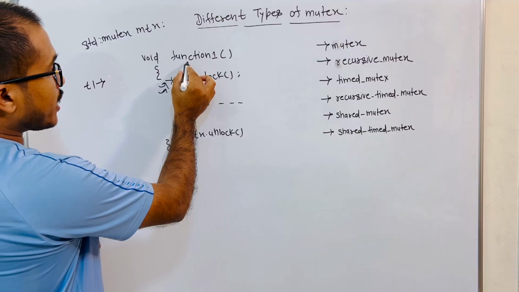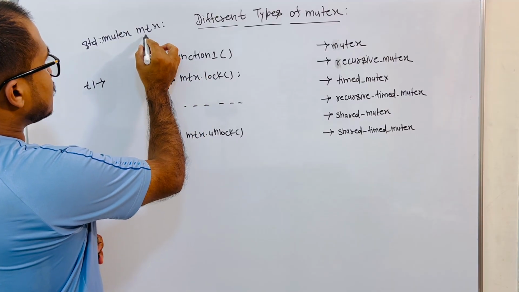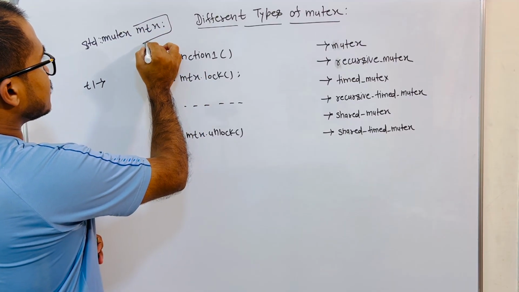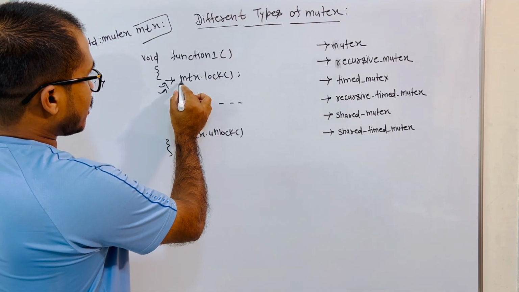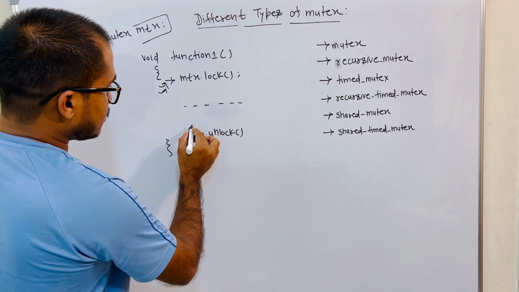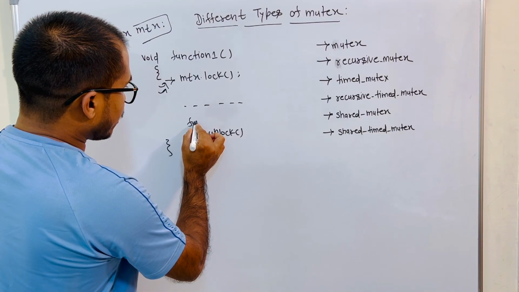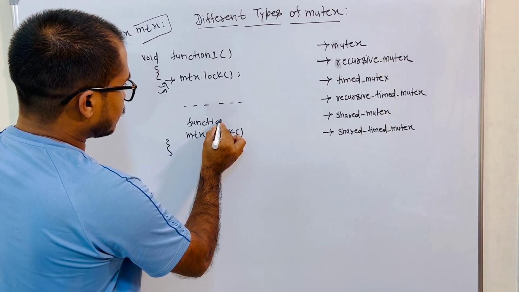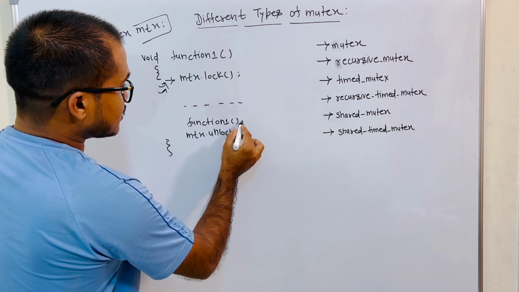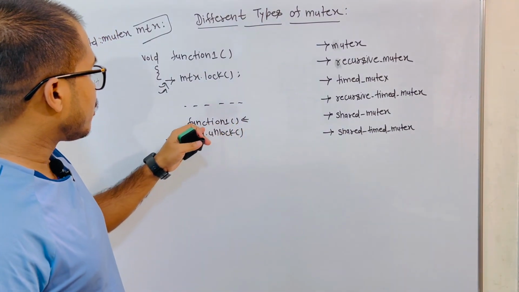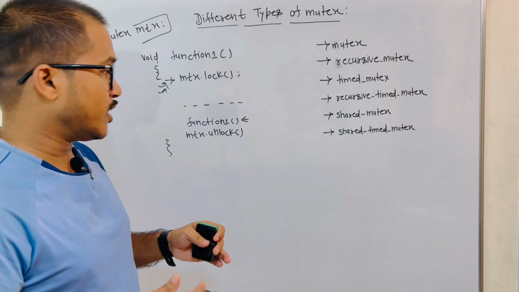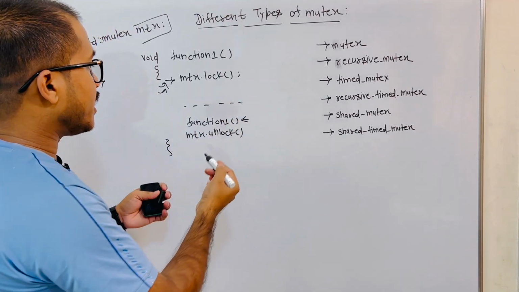We cannot recursively lock mtx using the same thread. It should not happen that you are calling mtx.lock and then you are again calling function 1. This is not allowed. We are not aware of how our system is going to behave, so this behavior is undefined.